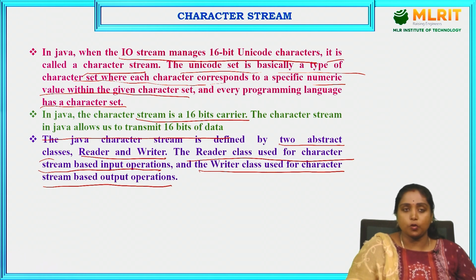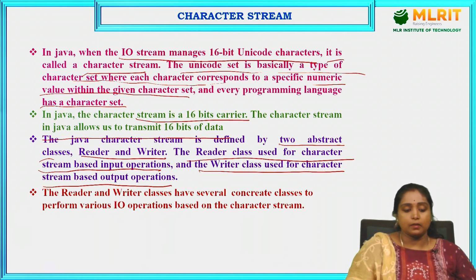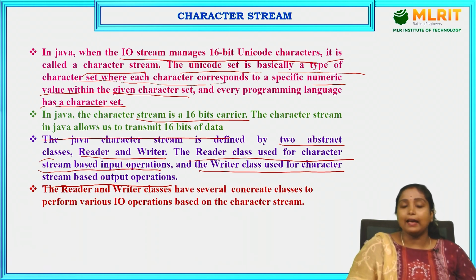So the output operations that you perform in a particular program would be done using the writer class. The reader and writer classes have many methods and many concrete classes to perform various input output operations based on character stream.